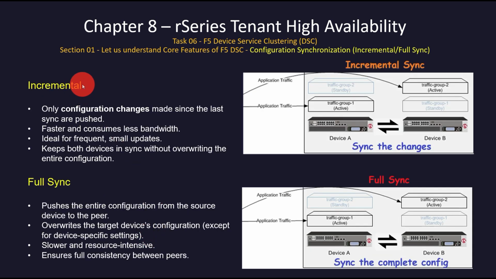In this, you can choose either incremental sync or full sync. Let us discuss what incremental sync is. It syncs only configuration changes made since the last sync was pushed. It is faster and consumes less bandwidth. Ideal for frequent and small updates. It keeps both the devices in sync without overwriting the entire configuration.